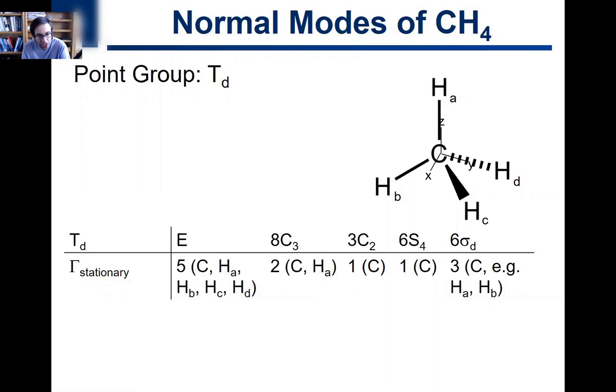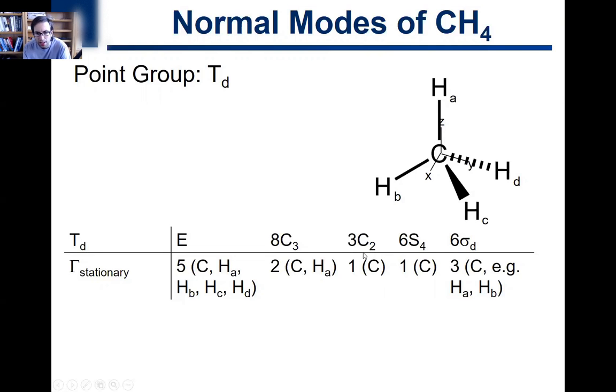Now, which atoms those are will change depending upon which C3, but it's not going to change your overall answer, which is just 2. So imagine you just rotate through this carbon-hydrogen bond. That's going to interchange HB, HC, and HD. It's like spinning the top of a tripod. And C and HA are going to stay stationary.